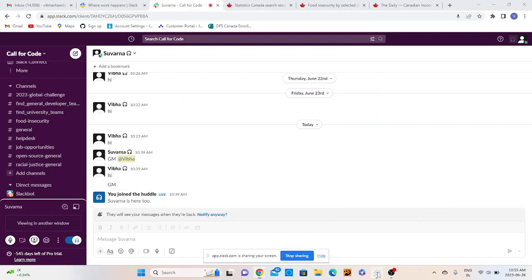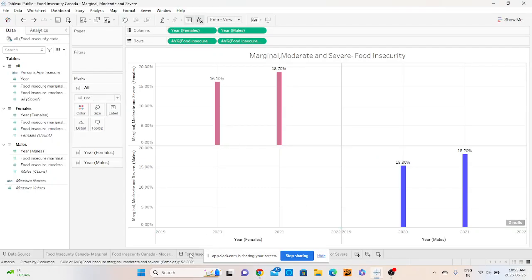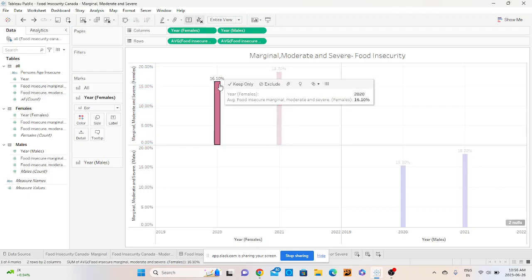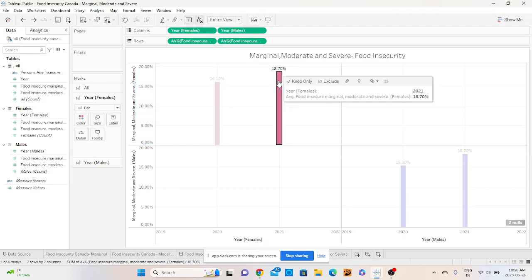So this is basically year wise females and males. This also I have averaged out. So this is moderate and severe in females. This much percentage is in female and this much percentage in male. And the year is 2021.